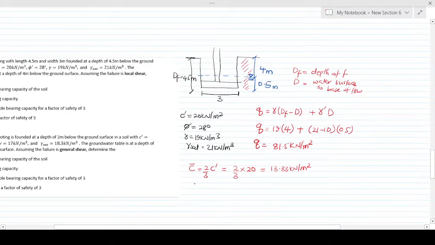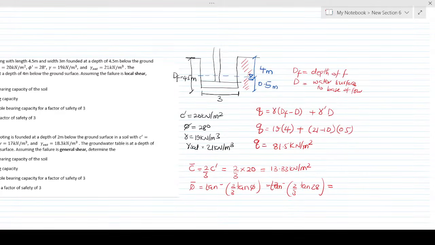Then I also need phi bar, which is tan inverse of 2/3 of tan phi. That is tan inverse of 2/3 of tan 28. Let me see, tan inverse of 2/3 of tan 28.